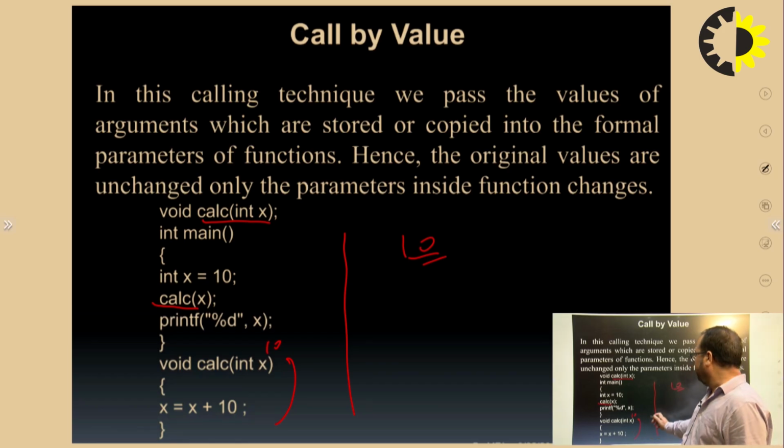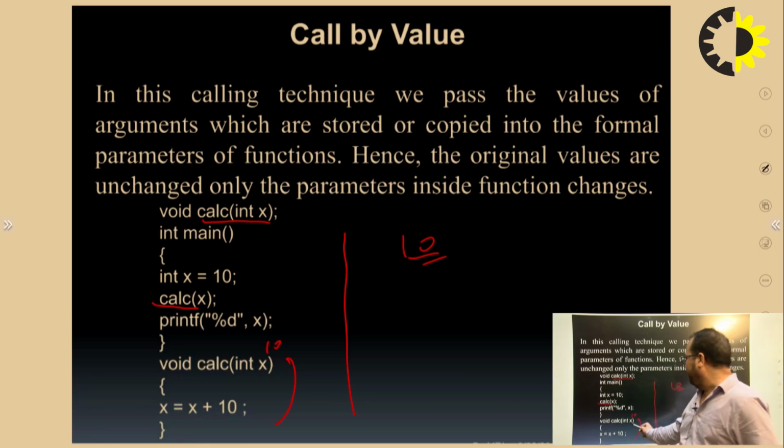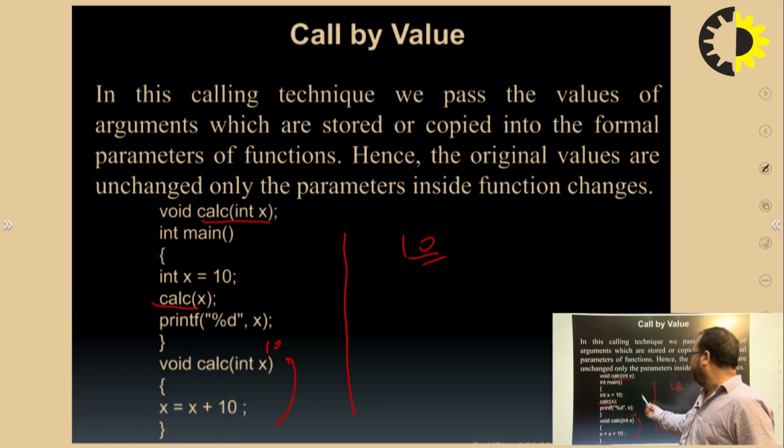So what we have modified here will change only in the scope of this calc function. If we want to print x here, then this will print 20, but we are not printing here. So once it returns, it will again have the value 10, okay. Why? Because the scope of the variable is local.